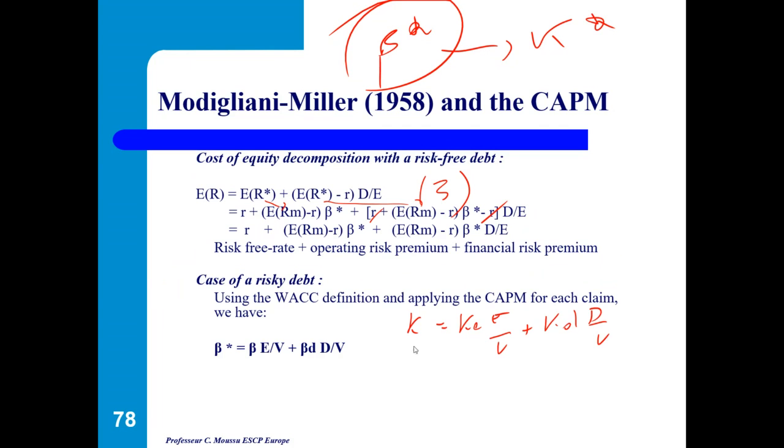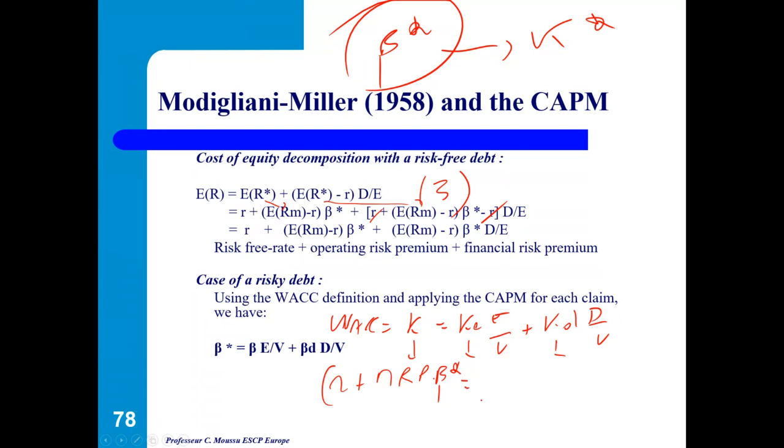So now you introduce the CAPM. This is the WACC, equal to the cost of capital, and for each of those you will say R plus the market risk premium multiplied by beta star.